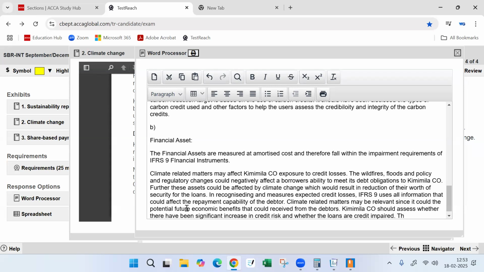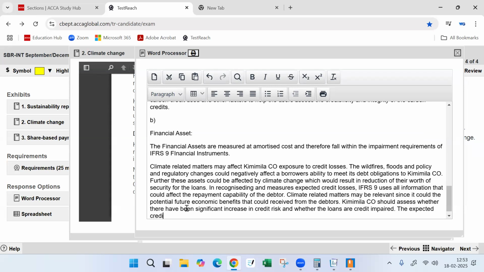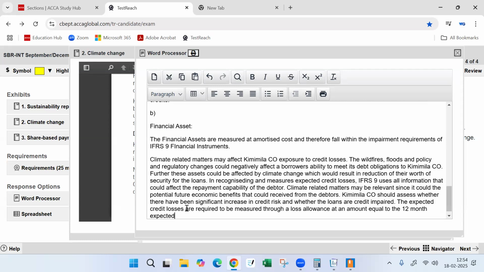The expected credit losses are required to be measured through a loss allowance at an amount equal to the 12-month expected credit losses or lifetime expected credit losses.